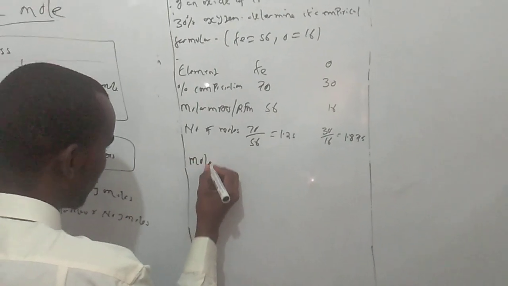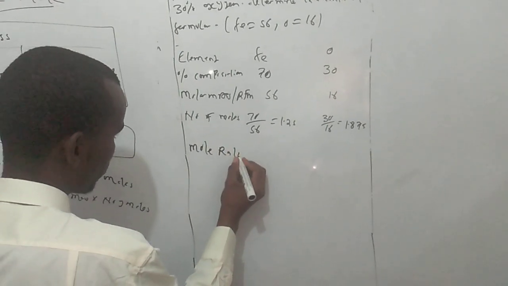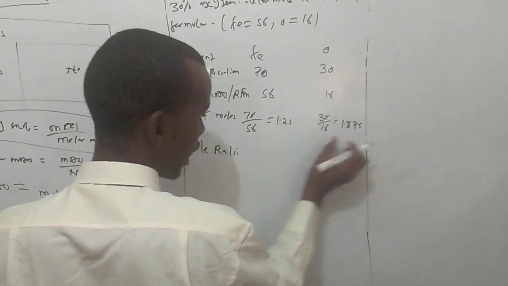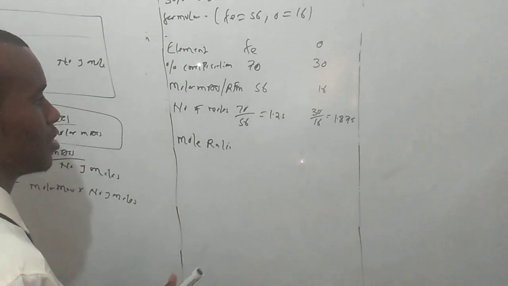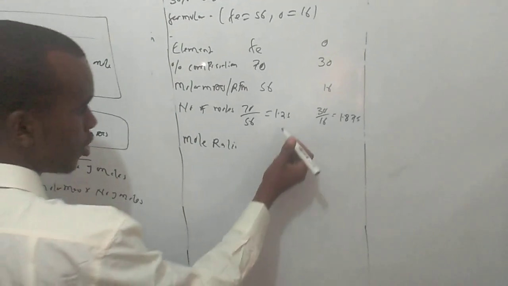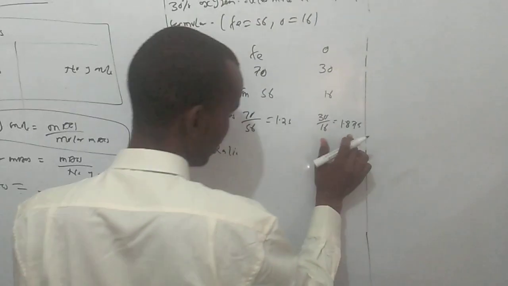Next, we get the mole ratio. You see, 1.25 and 1.875. We take the smallest, then we divide each by it. So the smallest between them is 1.25.